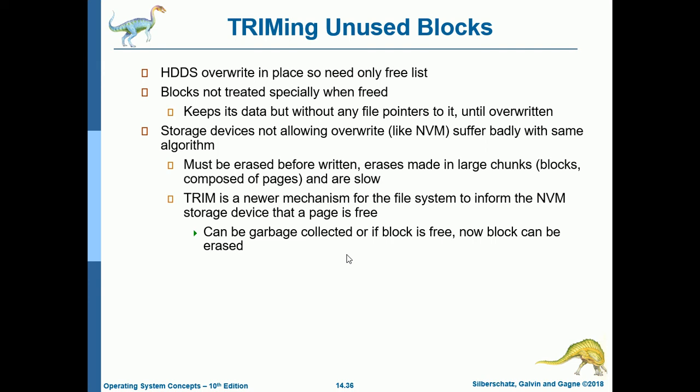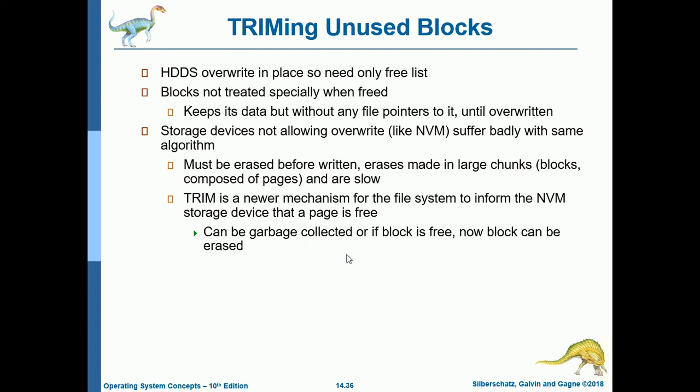Okay, next, let's continue. So storage devices not allowing overwrite, like NVM. They suffer badly with the same algorithm. So it must be erased before written. Erases are made in large chunks or blocks composed of pages and are slow. And then TRIM is a newer mechanism for the file system to inform the NVM storage device that a page is free and can be garbage collected, or if a block is free, now the block can be erased.